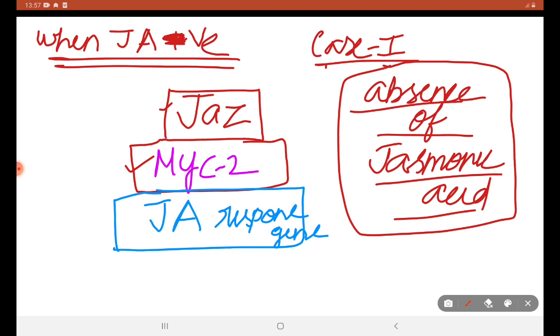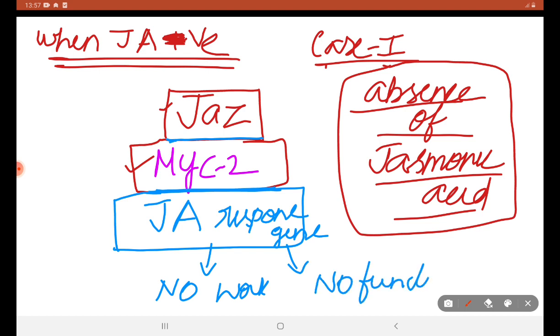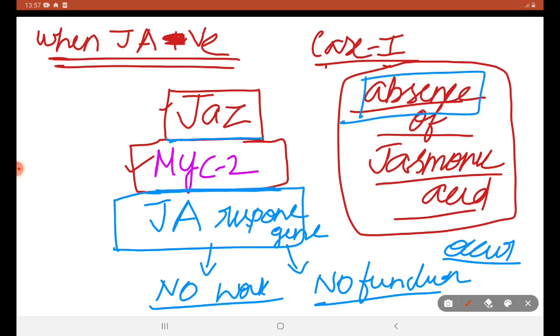JAZ will bind to MYC2. MYC2 will bind to JA responsive genes. So, no work, no function occurs. This will happen in the absence of jasmonic acid.